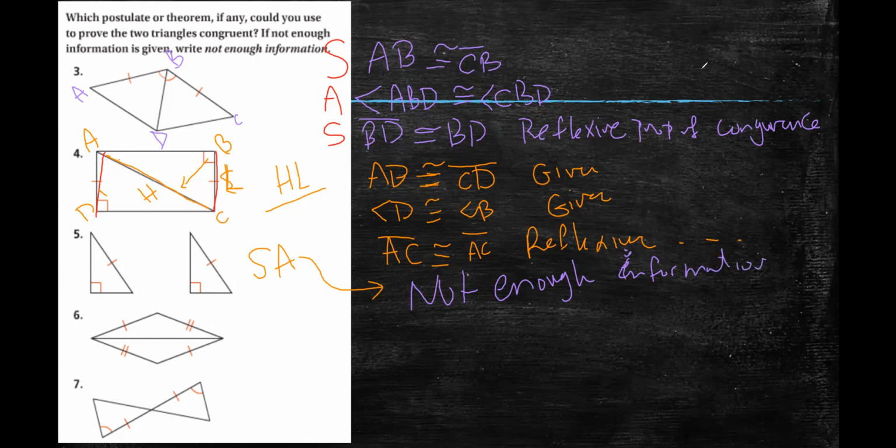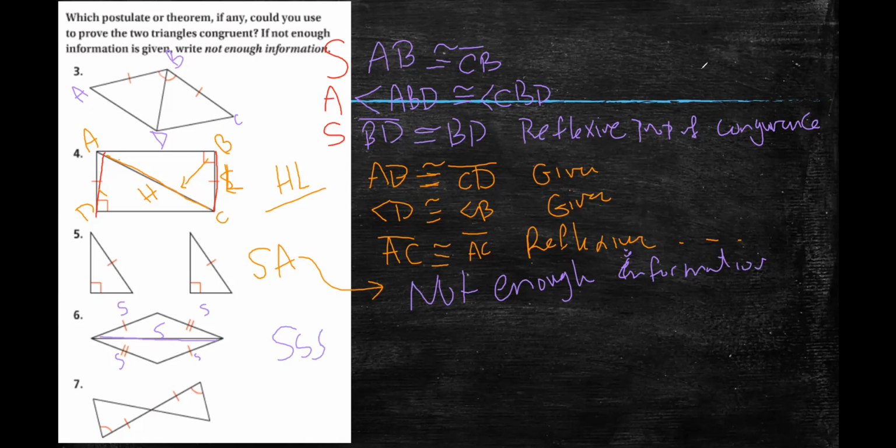Look at number 6 now. In number 6 here, we have a side that corresponds with another side, and this side is congruent according to the reflexive property. So I will use S. Now for the last one, number 7 here.